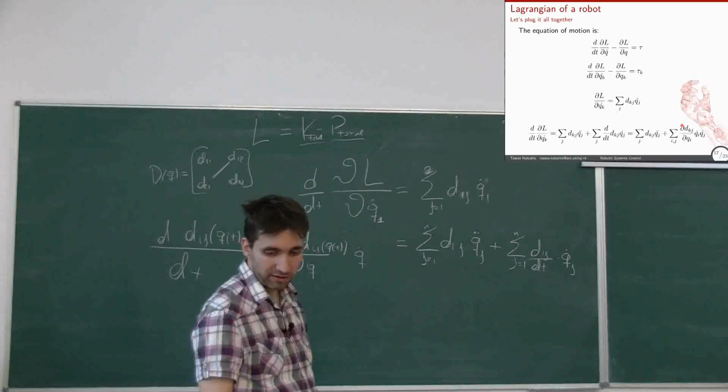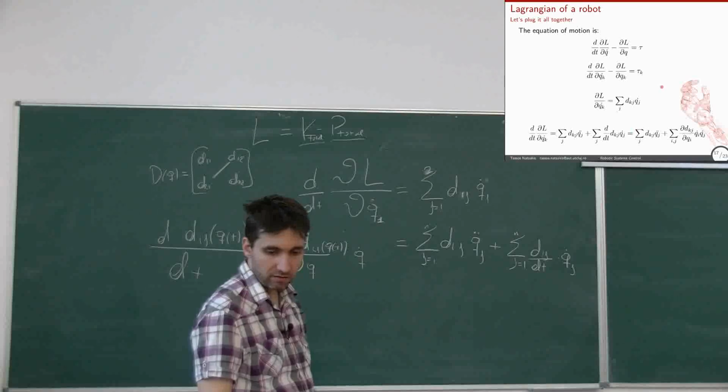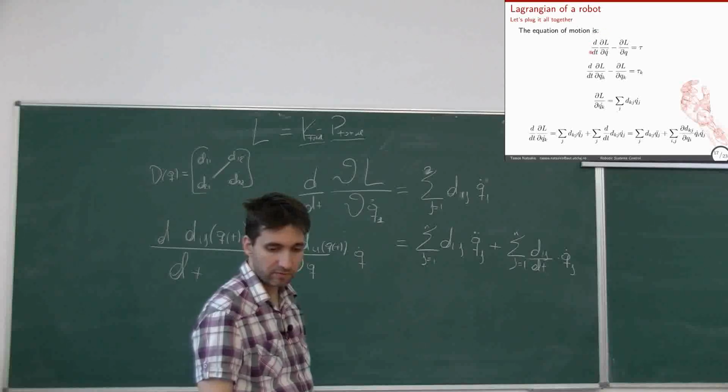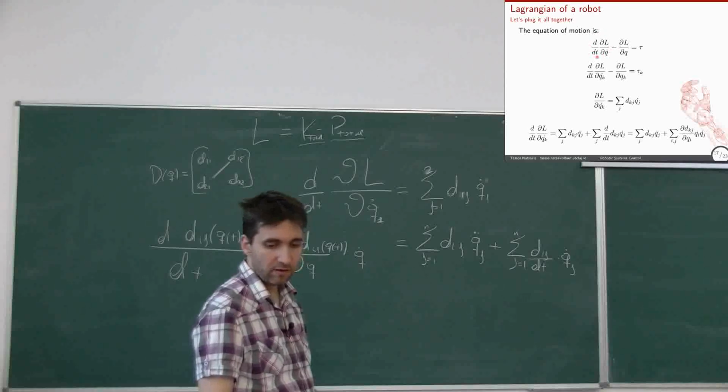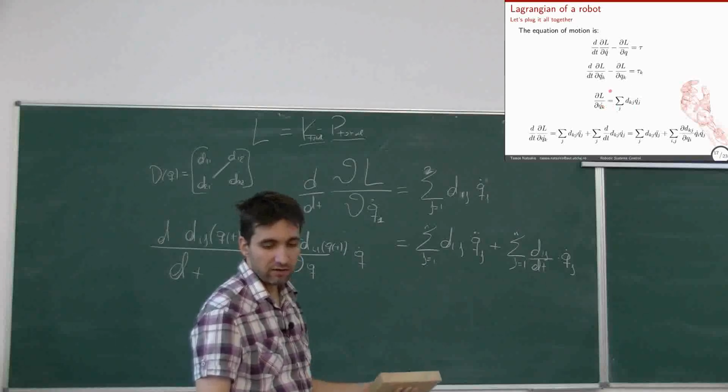So this part here is our first term of the equation of motion. We did that by deriving the Lagrangian over the velocity of the generalized coordinate and then deriving this over time.